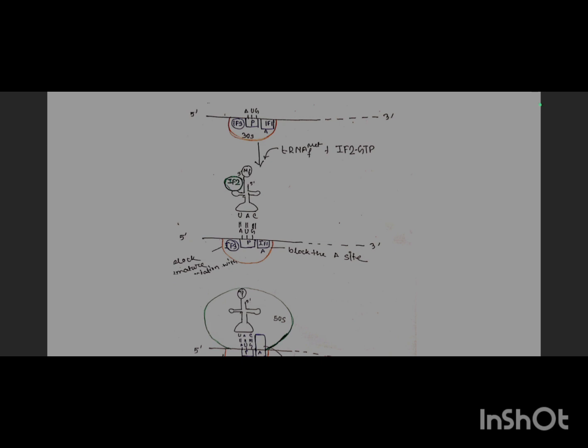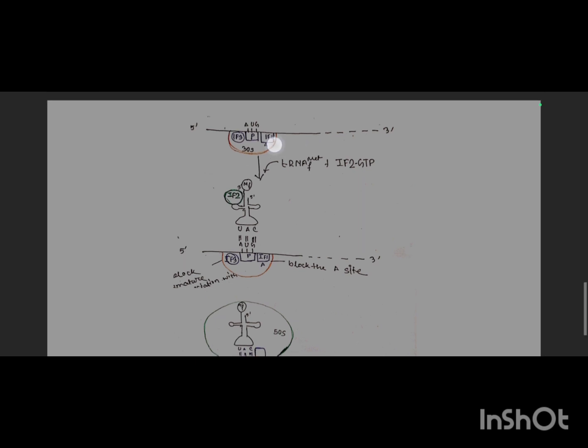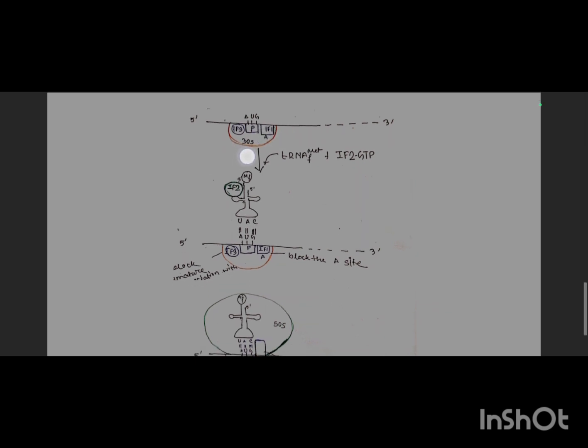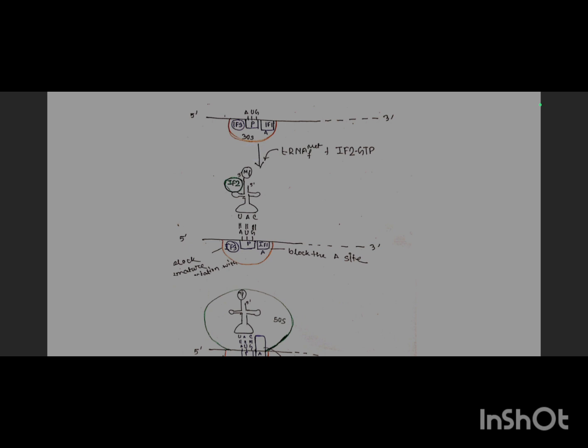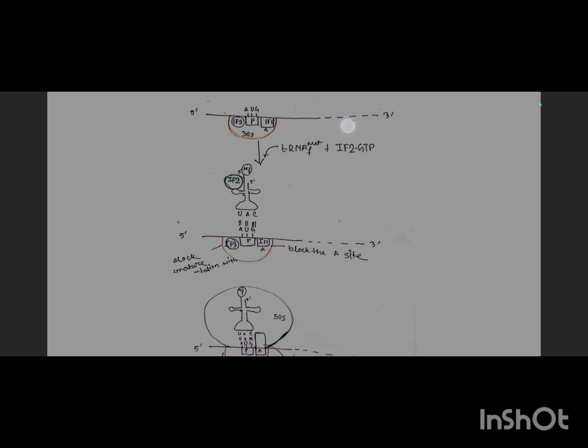So in this slide, you will get a very clear overview of the prokaryotic initiation process. As you can see here, this is the smaller ribosomal subunit, the 30S, and this is the mRNA. And this is the A site, this is the P site.